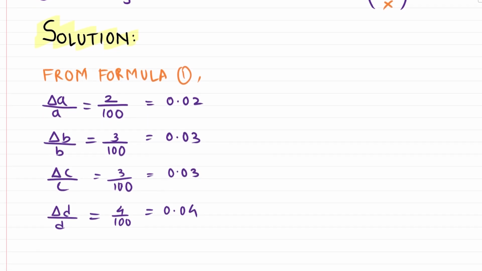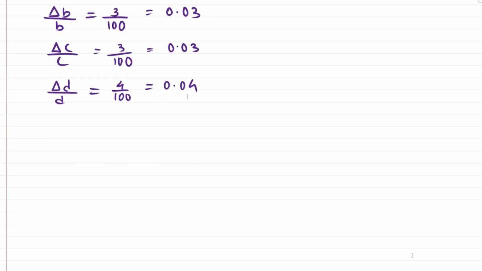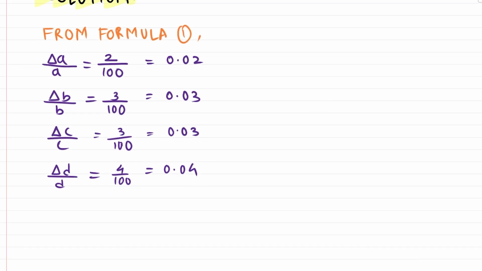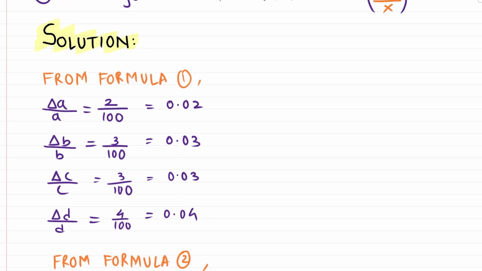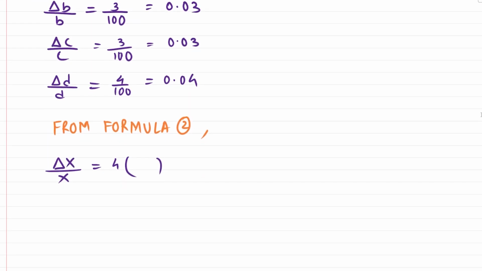So I can say from formula 2, which gives us the relative error in X, delta X upon X is equal to 4 into the relative error of A, which was calculated to be 0.02.